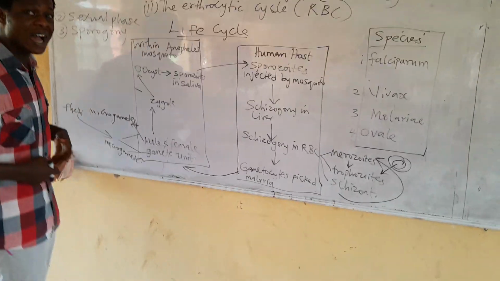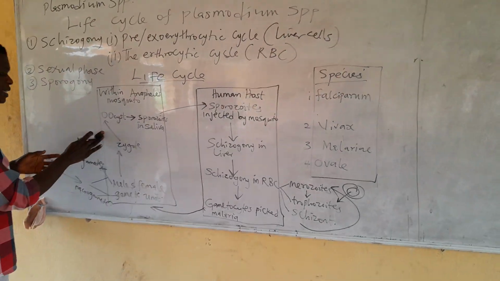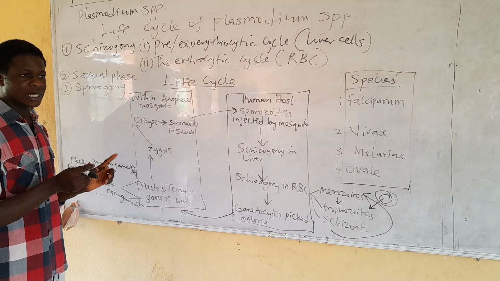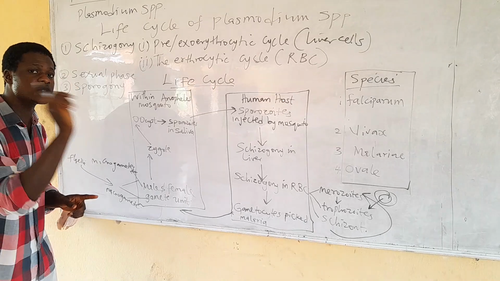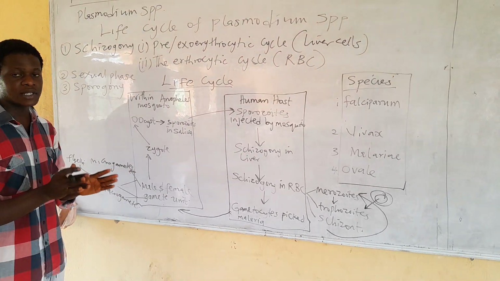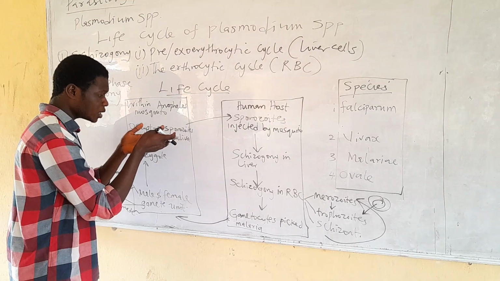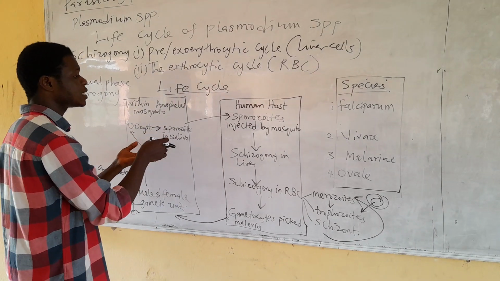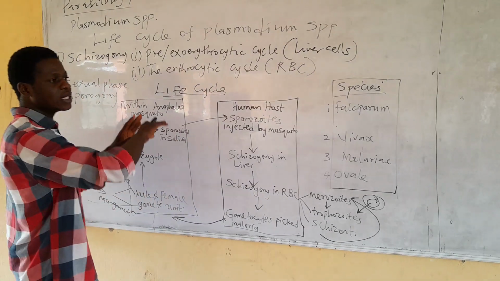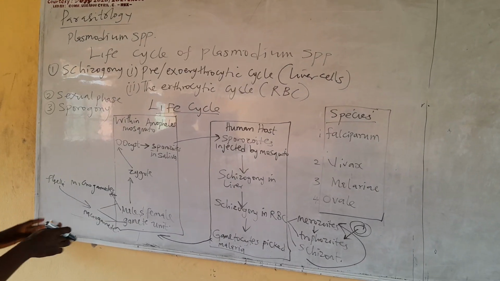They are found at the stomach walls of the insect. Then, like I said earlier, the oocyst produces sporozoites. And what are the sporozoites? Like we all know, sporozoites are the infective stage of this Plasmodium species. From there, the sporozoites are what the insect injects into humans. That is how the life cycle continues to its finish.